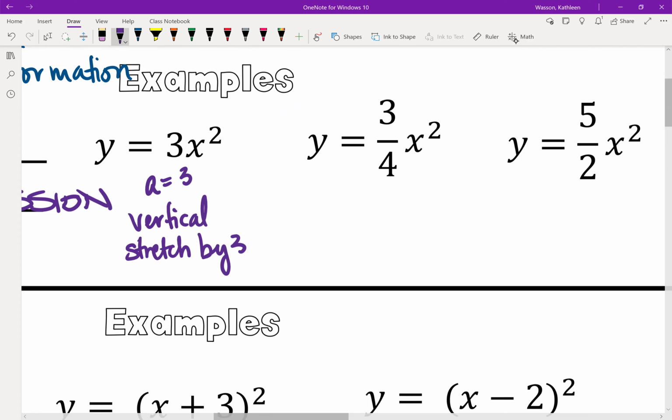Whenever you describe one of these changes, you also say how much, how much it's different. The next example, a is 3/4. That's between 0 and 1. So I would have a vertical compression by 3/4.